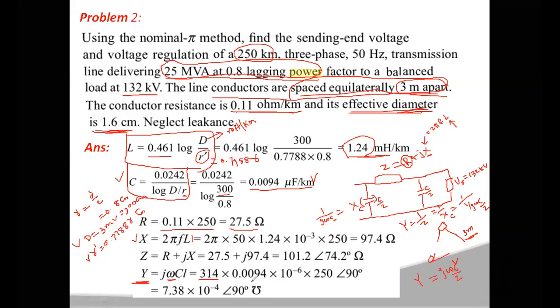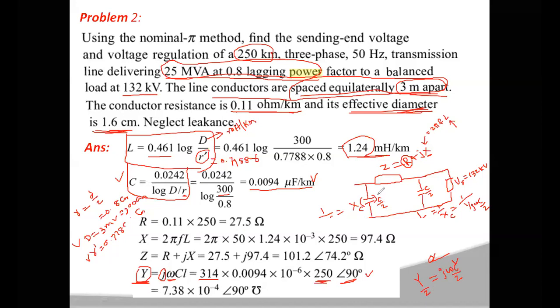The capacitance value is 0.0094 into 10 power minus 6 farads, and the length of the transmission line is 250 kilometers. Here you have the j, which is 1 at an angle of 90 degrees. So Y will be 7.38 into 10 power minus 4 at an angle of 90 degrees. Sorry, one thing: this value here is the Y by 2.